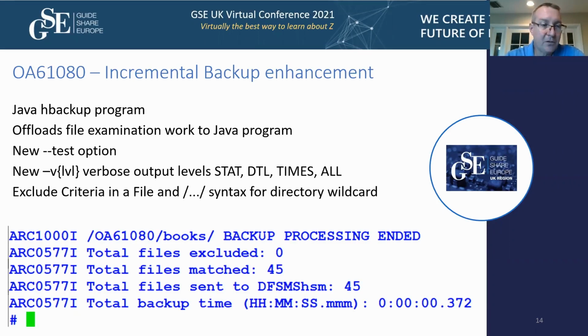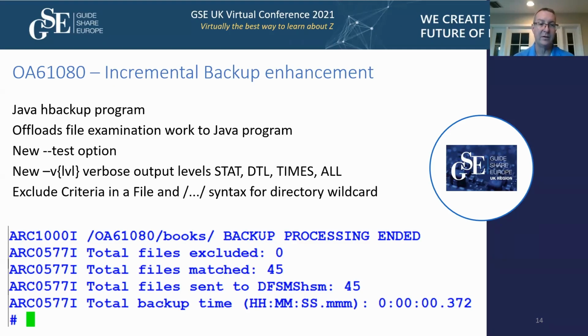As part of this new support, I added some new options that don't exist for the Unix program or elsewhere. I added a --test option. My idea was, as you are looking at a directory, you want to find out what would be backed up and what may be excluded as part of the exclude criteria, but you don't want HSM to actually take a backup.